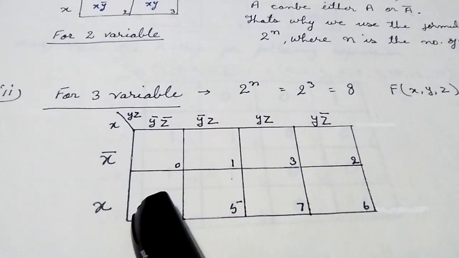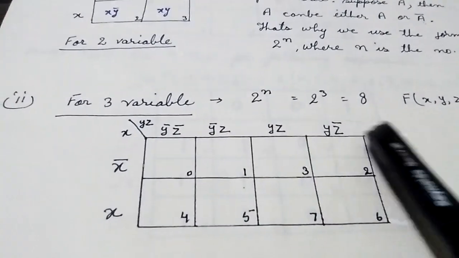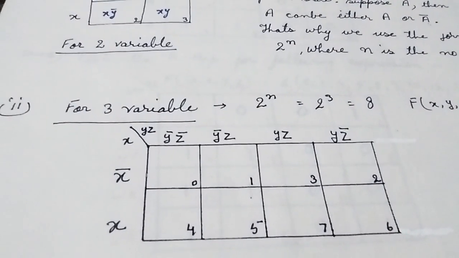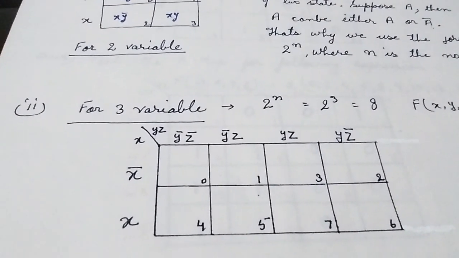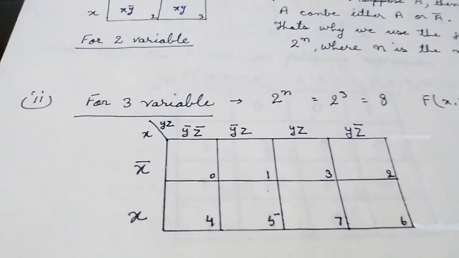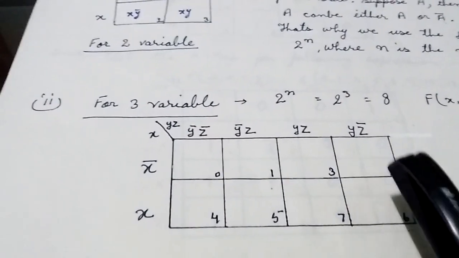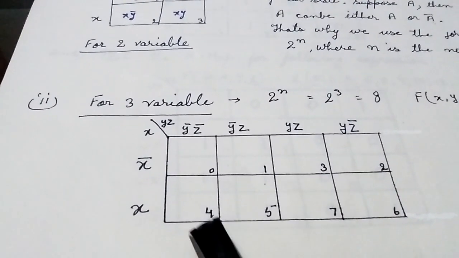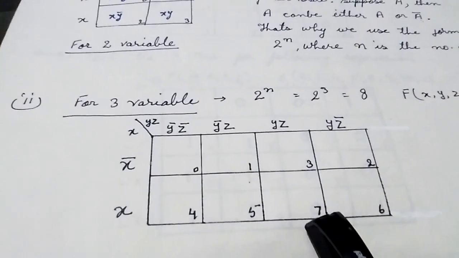X bar, X, and here the above YZ combination that we are supposed to plot, it is very easy to remember. We first put the designation values of the cells. So as you see, 0, 1, we don't write 2 here, we write 2, 3, similarly 4, 5, 6 and 7.